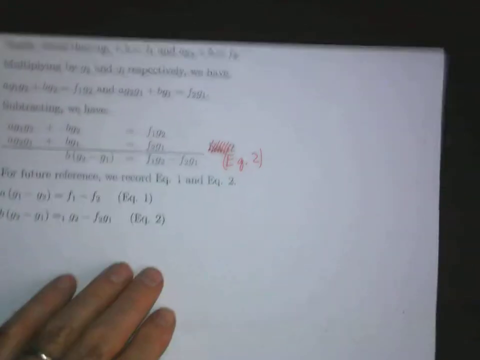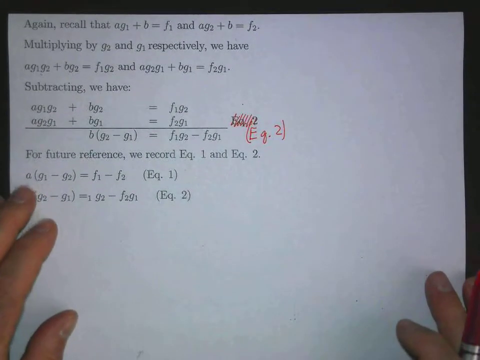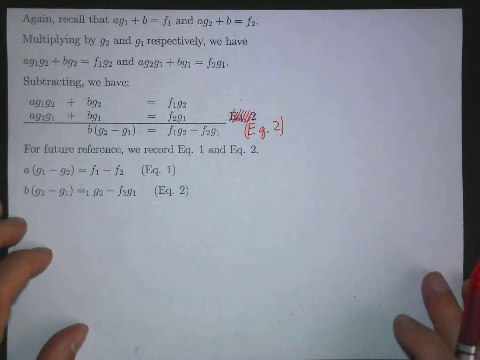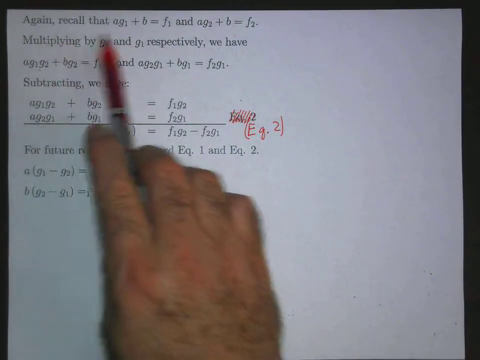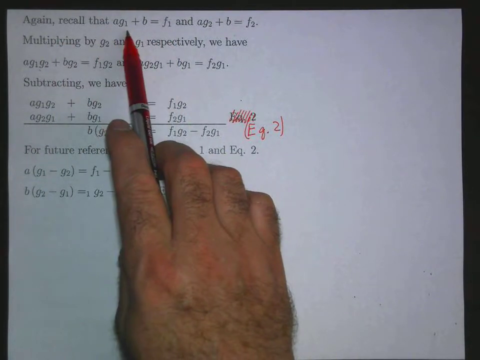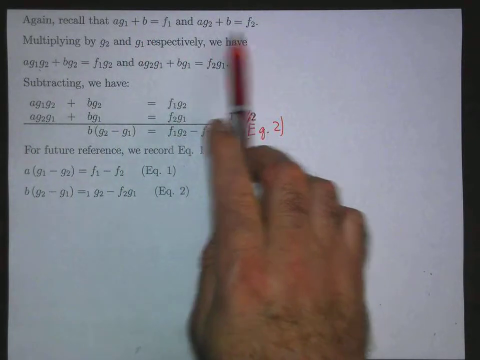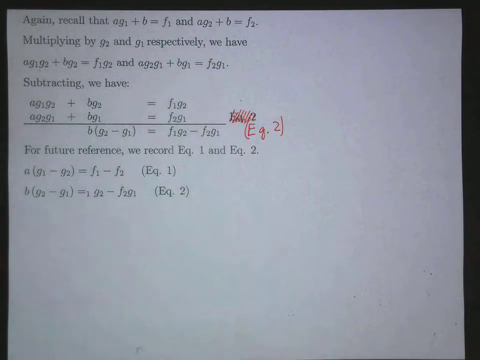Now let's go on to our next step. Recall that f1 is a g1 plus b and f2 is a g2 plus b, where g1 and g2 are our somewhat arbitrary guesses as to the solution of the equation.